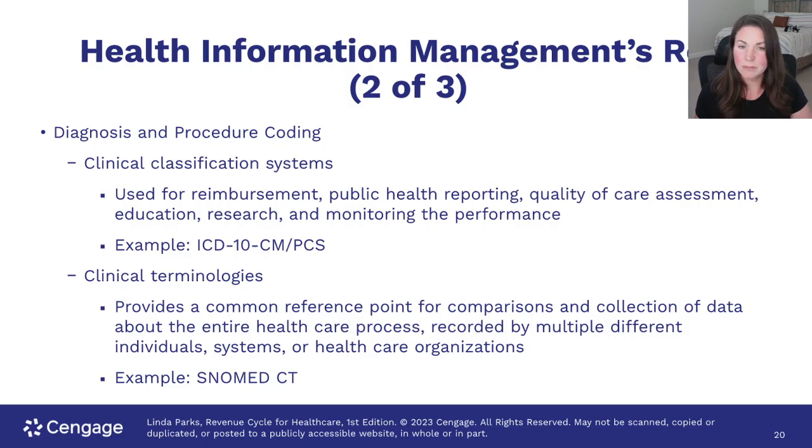These are used for reimbursement, obviously, but also they use the codes to make reports related to public health and quality control. They use them to do research and for education. And then also monitoring the performance of both doctors and the hospitals. So this would be ICD-10-CM, ICD-10-PCS, and CPT.